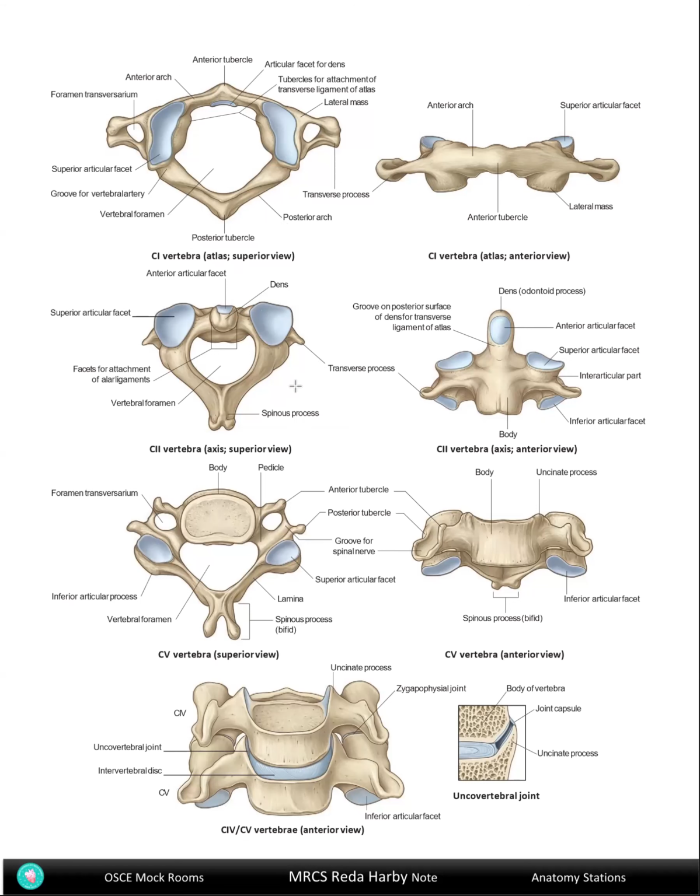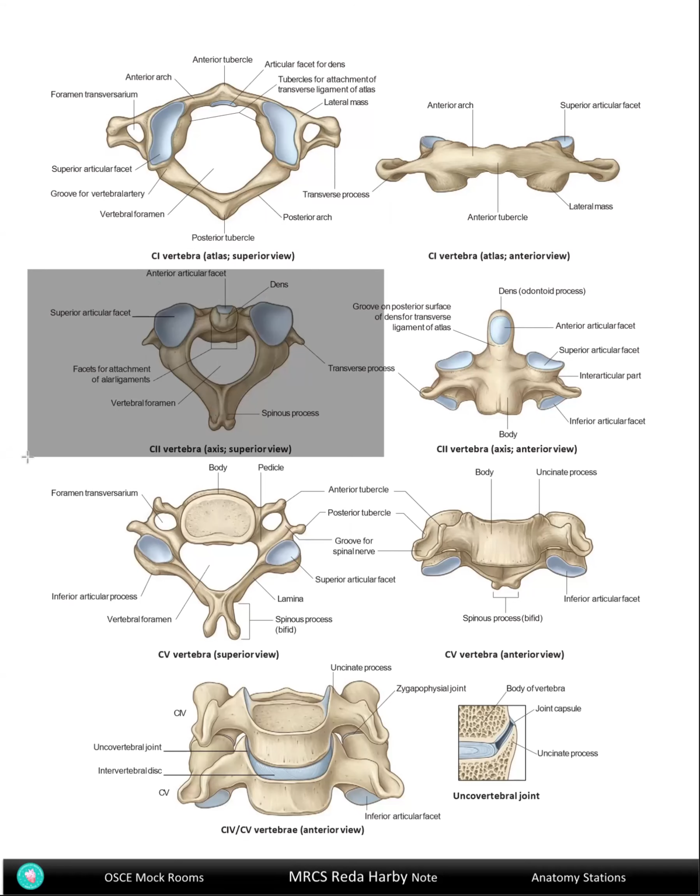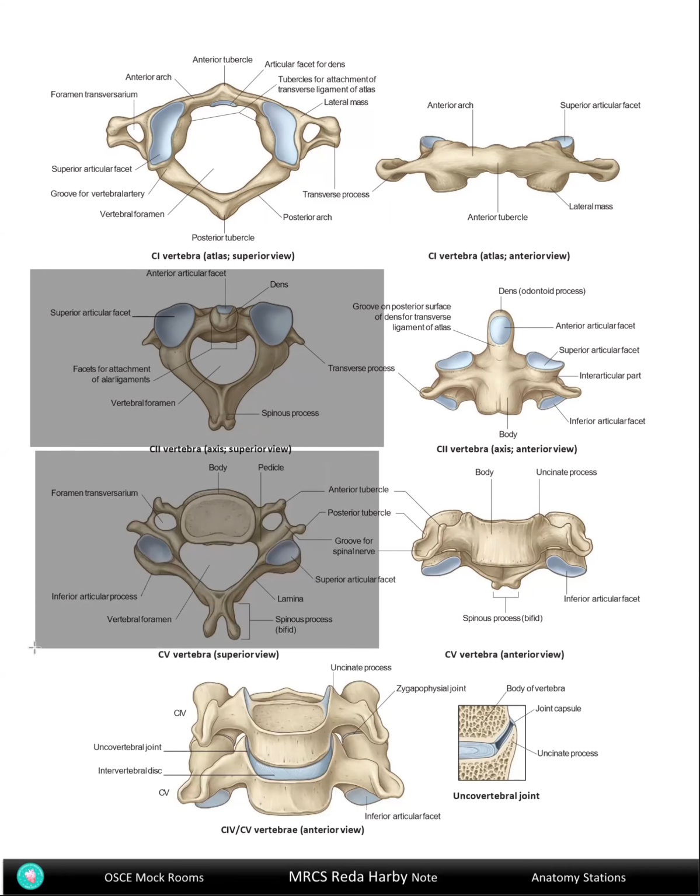Regarding C2, look at C2 and look at the other one. How does this differ from that one? C2 is the axis. It has the odontoid process that projects upwards from the body.